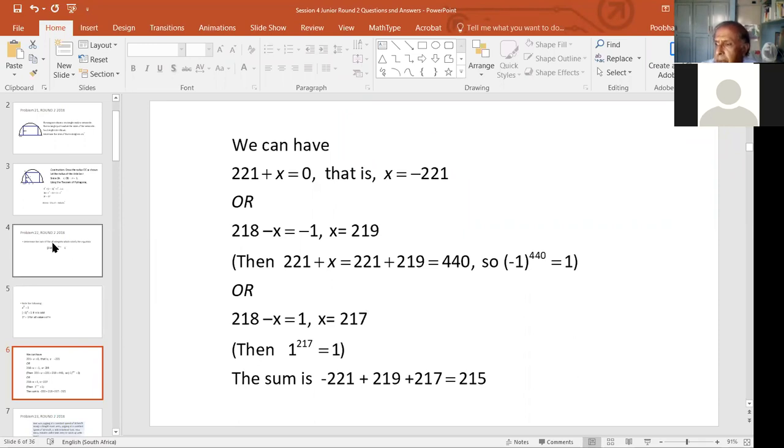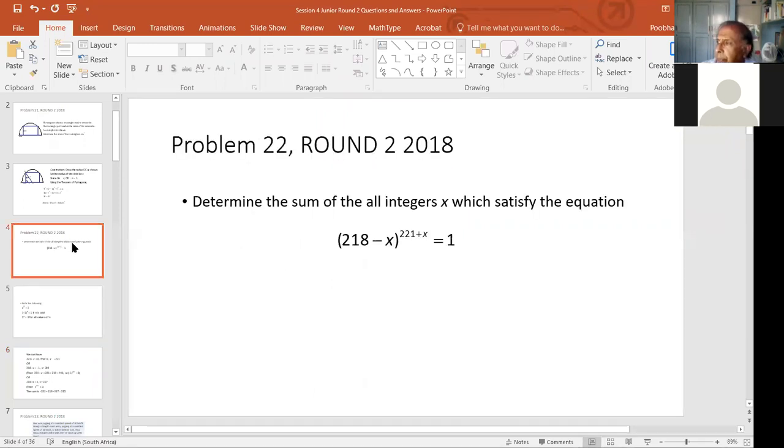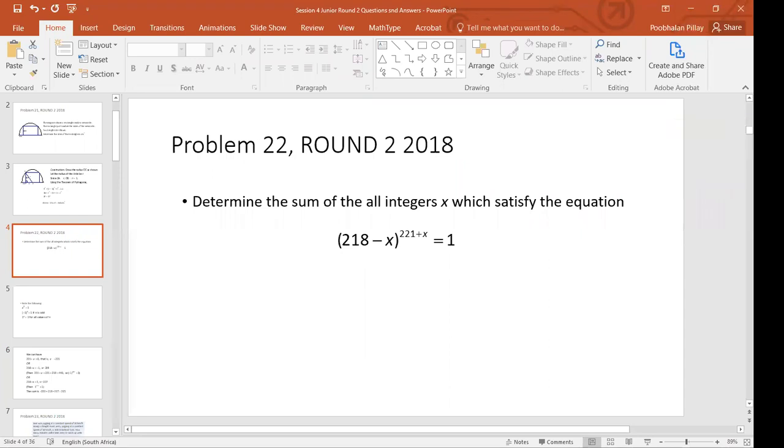Okay, so that is how you do this problem. Guys, by show of hands, can you indicate to me how many of you have got this problem right? By now you know how to show your hands, I presume.